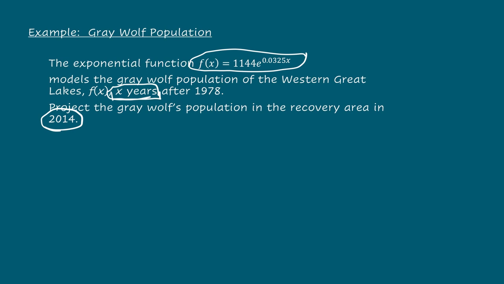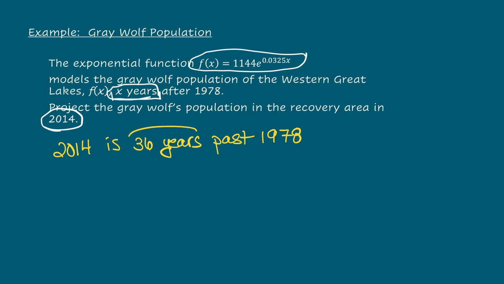Let's grab our calculator and see how many years that is. 2014 is 36 years past 1978. So that's what we're going to use. We're going to use 36 for our evaluation purposes. So we're going to evaluate this model at 36 years. We're going to say f of 36, and we're going to see what we get.